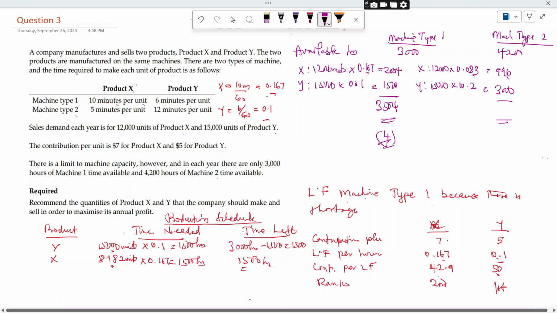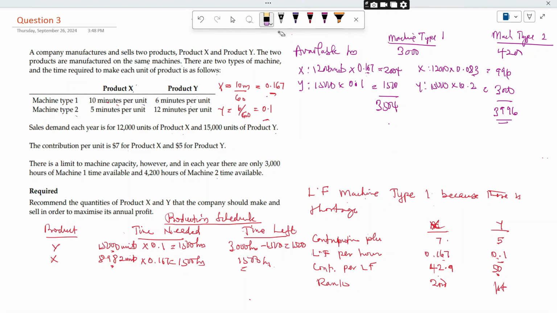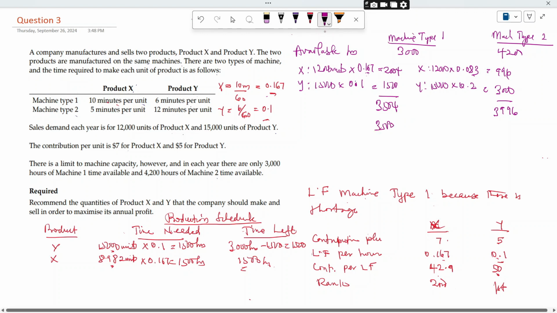Then we have 996 plus 3,000, giving us 3,996. Earlier it was 4,000, so the difference between this and this is only 4.